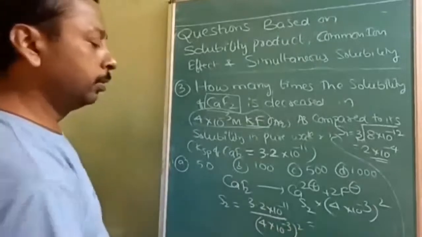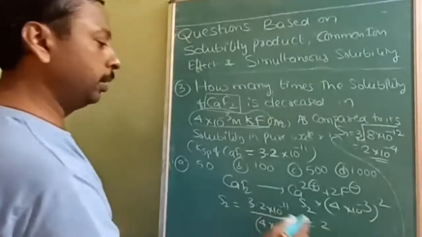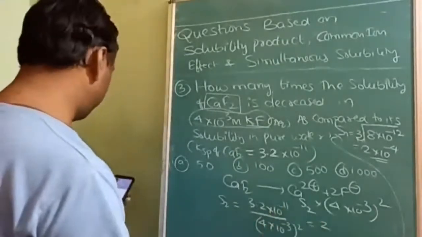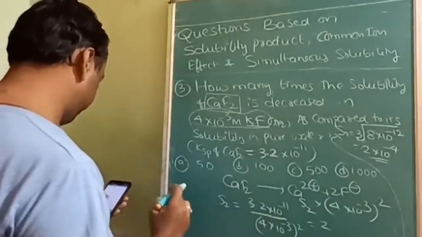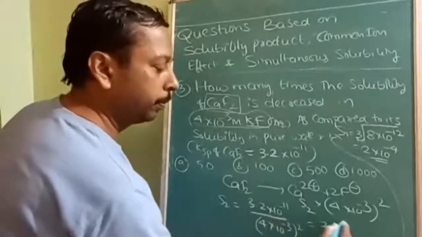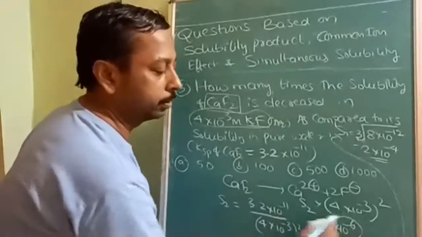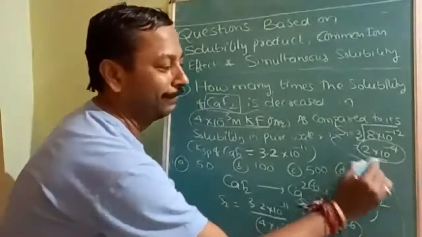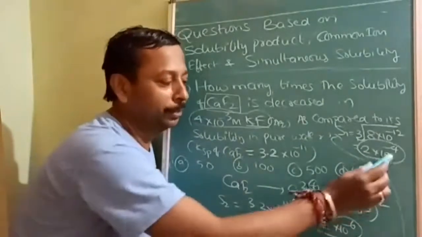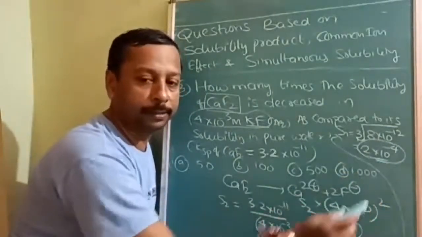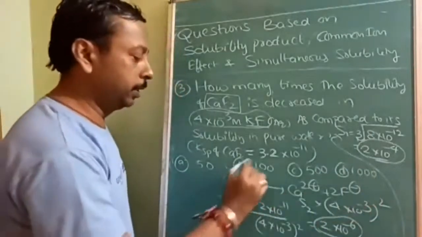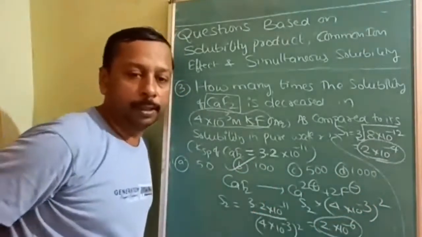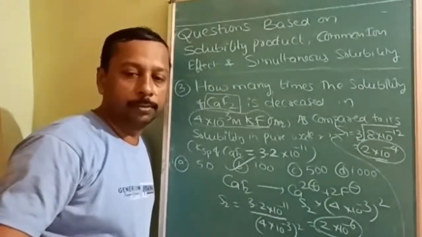On simplification, this will be 2 into 10 to the power of minus 6. So 2 into 10 to the power of minus 4 compared to 2 into 10 to the power of minus 6 is 100 times greater. Answer is 100 times, that's why B option is correct. Is this understood?